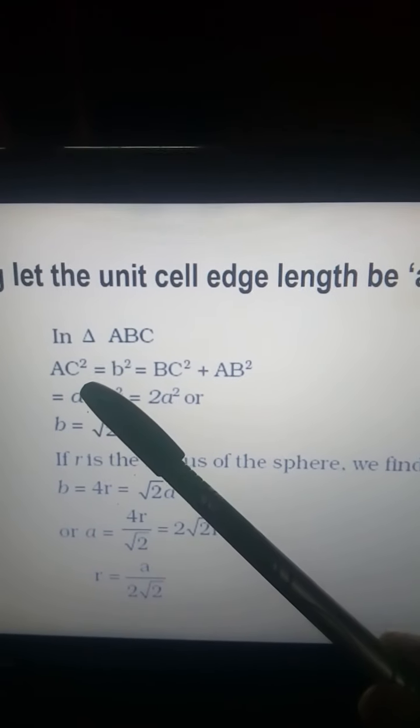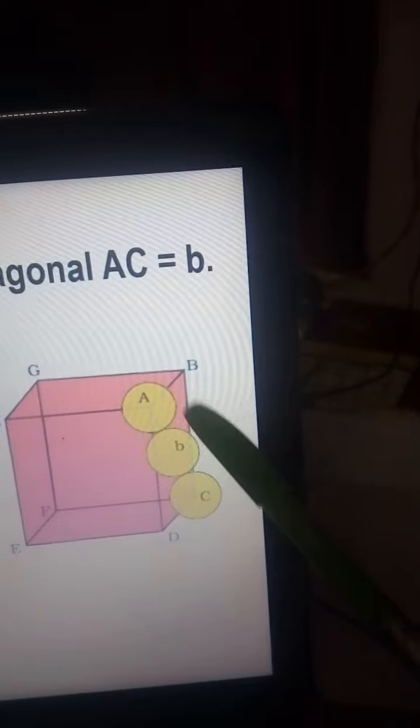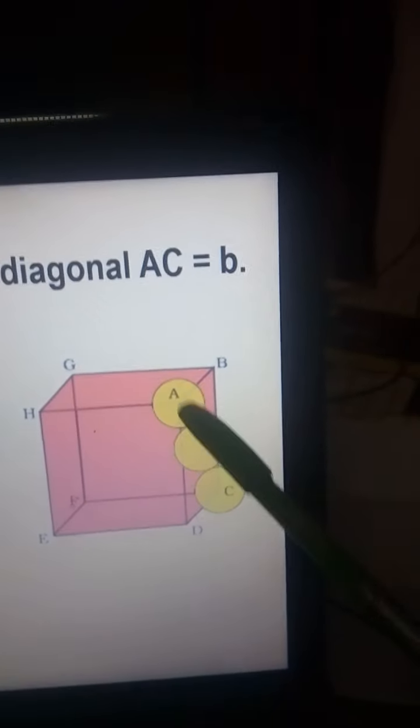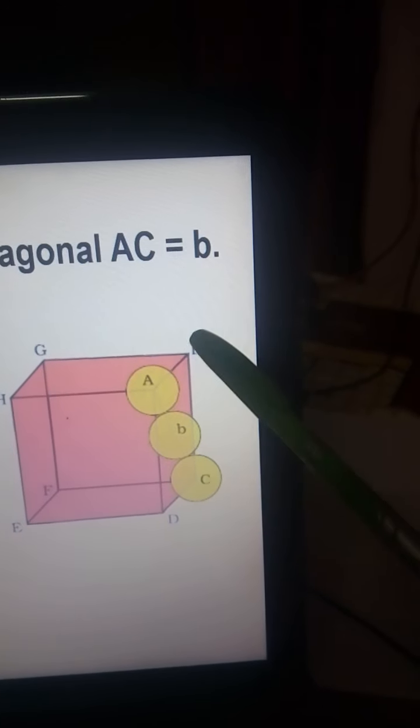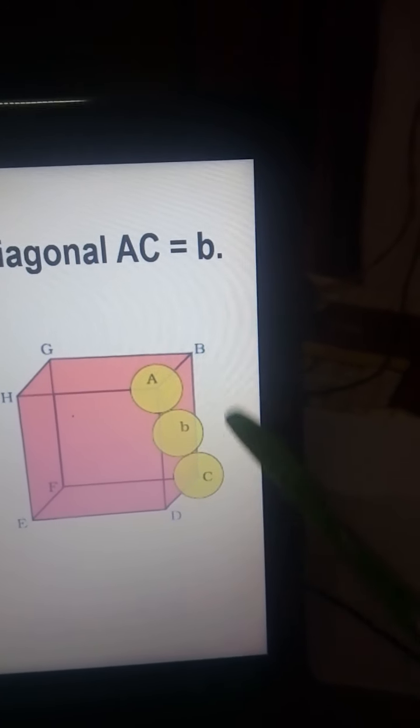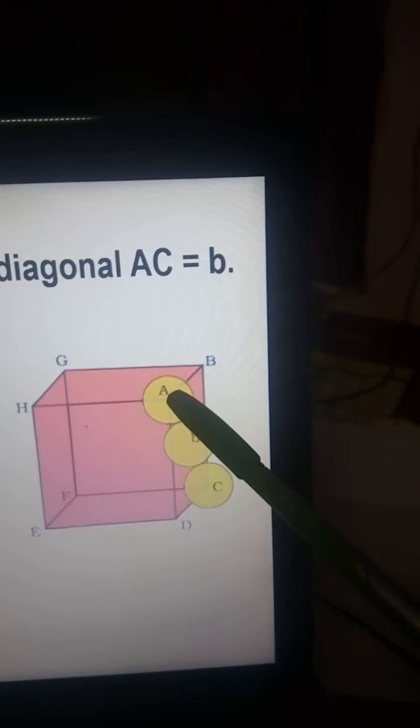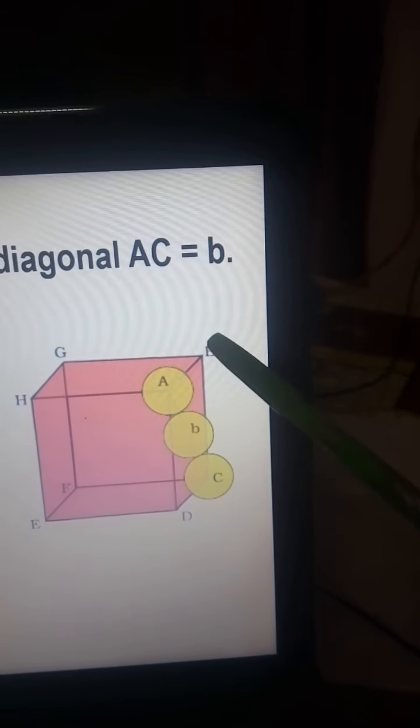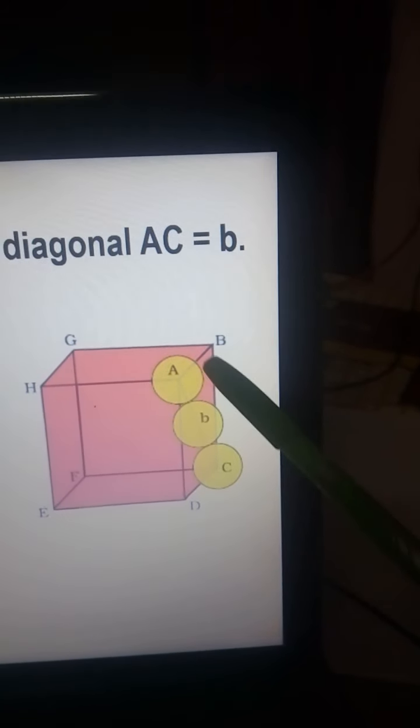Now in ABC, AC square, the face diagonal AC square, is equal to AB square plus BC square. That we know in case of the right angle triangle, from the Pythagoras theorem, AC square will be equal to AB square plus BC square, since B is the 90 degree angle.